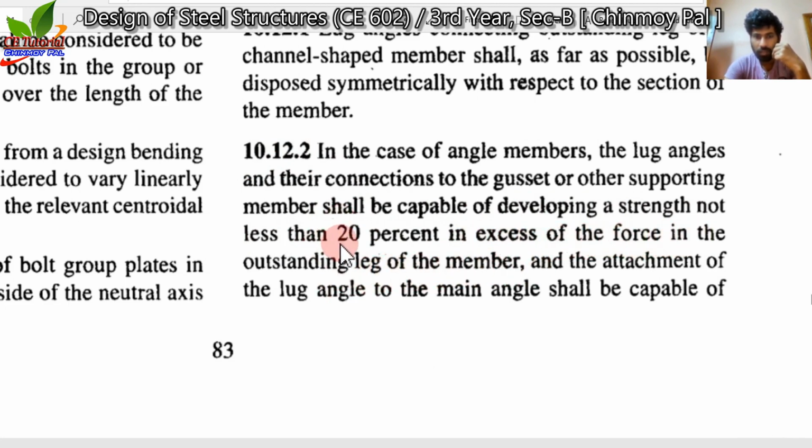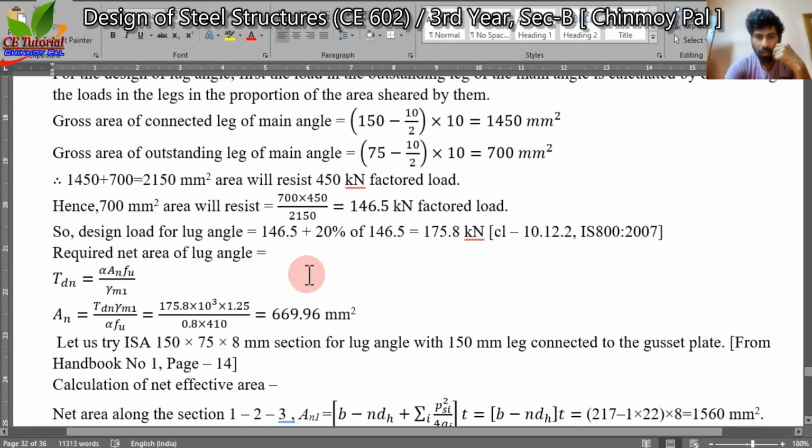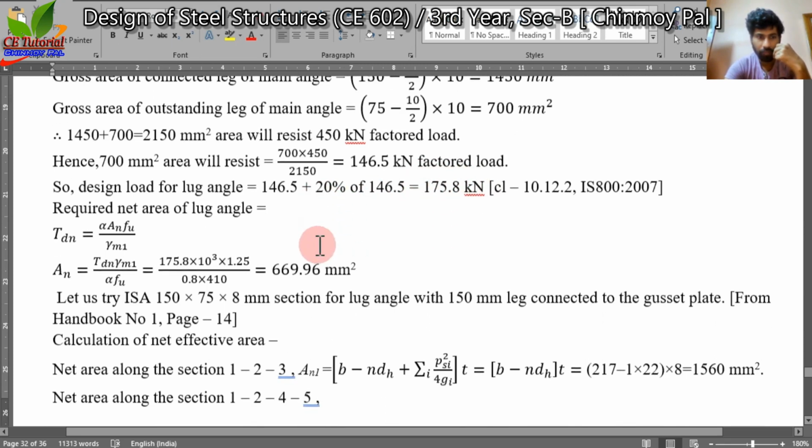That means the lug angle should carry 20% extra of the applied load, and the applied load on the lug angle is 146.5 kN, so adding 20% extra gives 175.8 kN. So the lug angle should be designed based on this load.